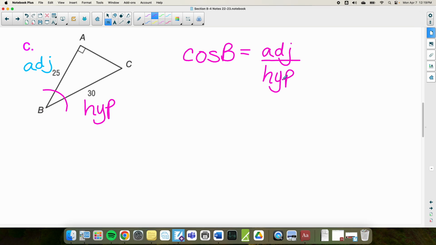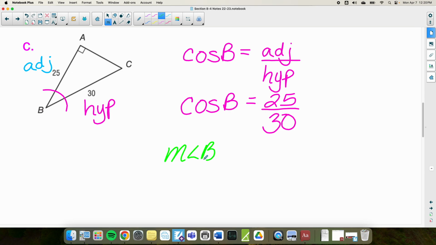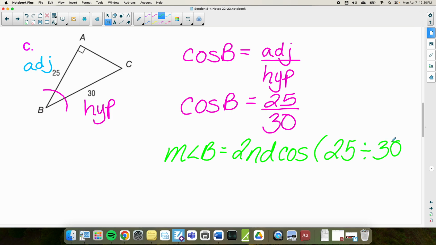Now, that's cosine. So I'm gonna go cosine of B equals, the adjacent side is 25, the hypotenuse is 30, and then what we're gonna do is second cosine. So the measure of angle B is going to be second cosine, and you'll get a parenthesis, and then you go 25 divided by 30, okay?